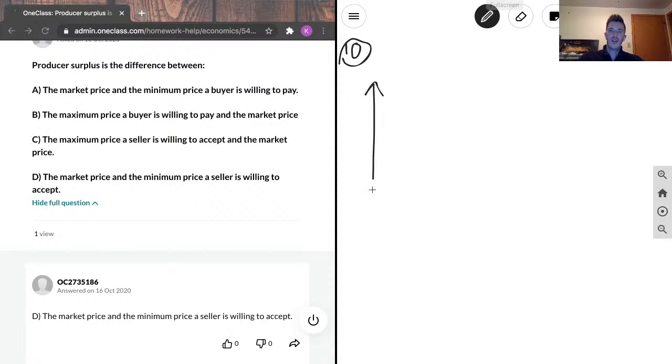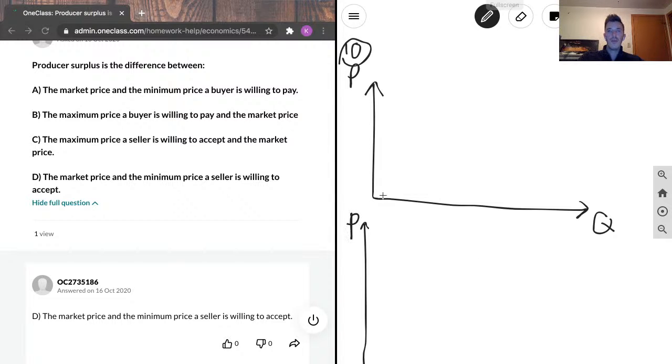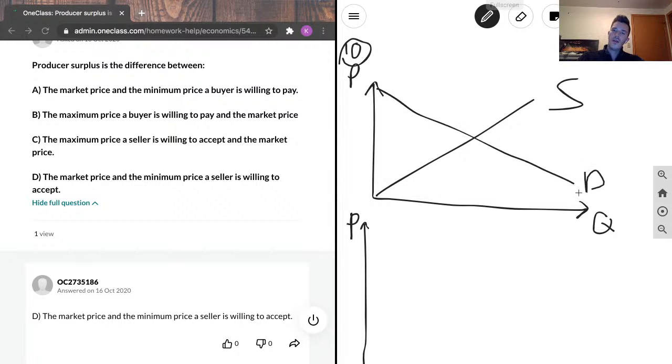So I'm actually going to draw two graphs here. So we've got, again, quantity on the x-axis, price on the y-axis. And our supply slopes upwards, and our demand slopes downwards.